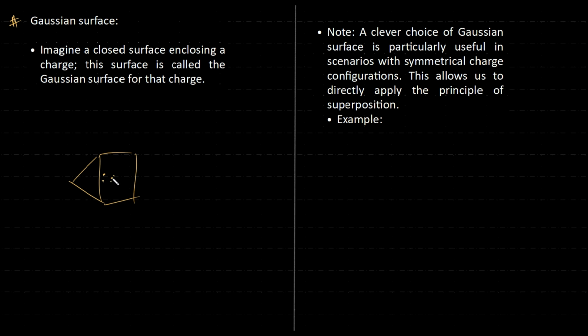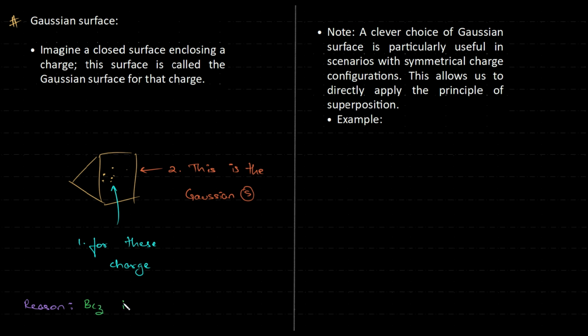For this set of charges, this surface becomes the Gaussian surface. Reason? Because it's inside that.